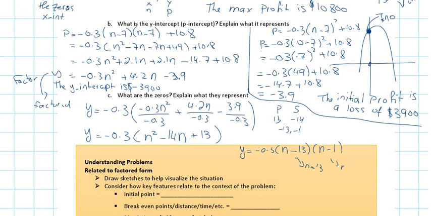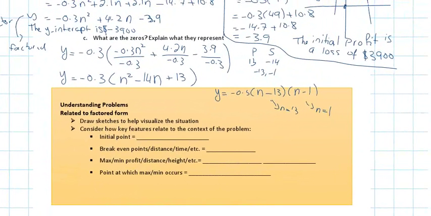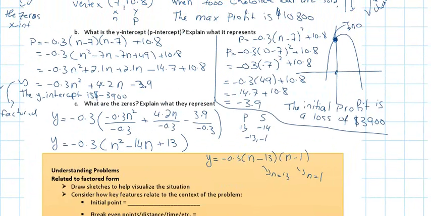which means I'm making zero profit. I'm making zero money. If you look back here, your x-intercept is when your profit is 0.